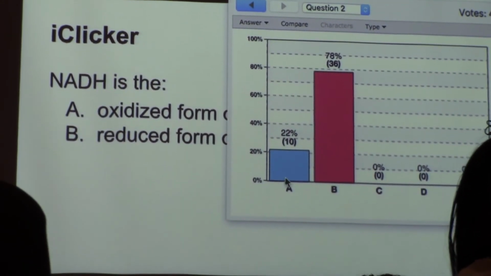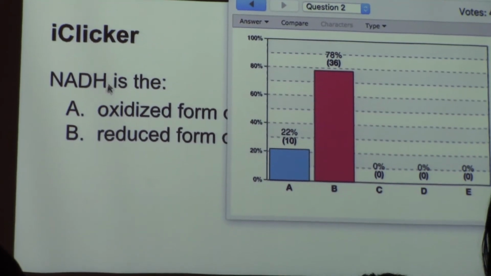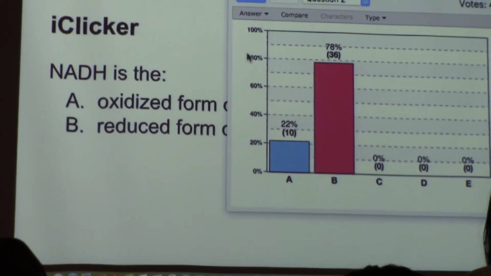If you miss this, you're going to want to know that: if it's got the hydrogen, it's reduced, and if it's NAD plus, it's the oxidized form.